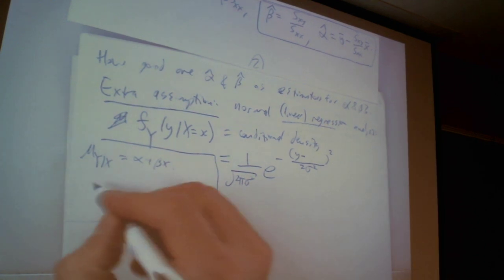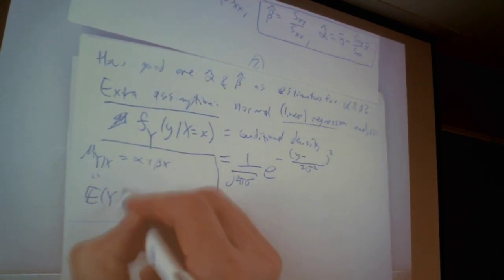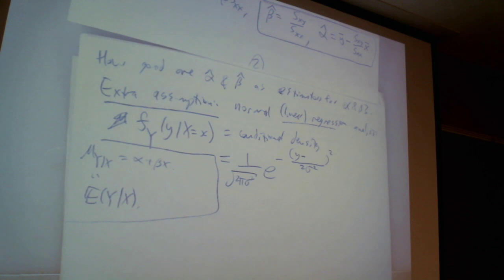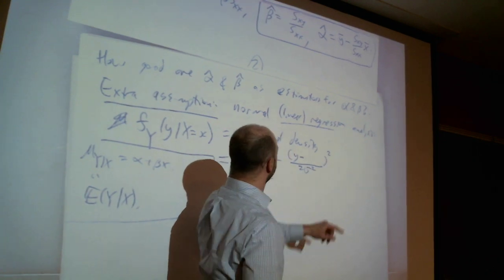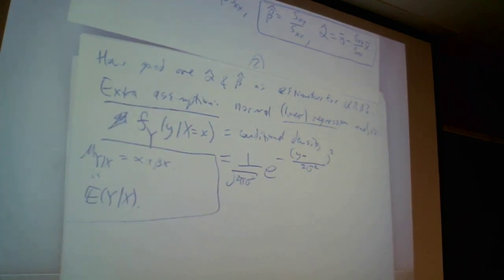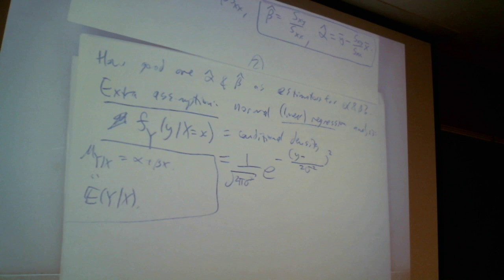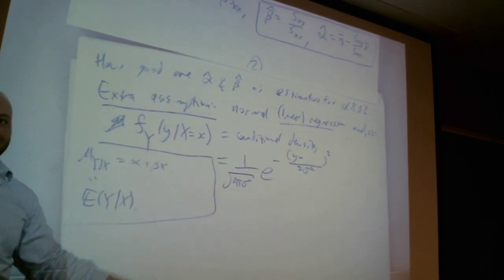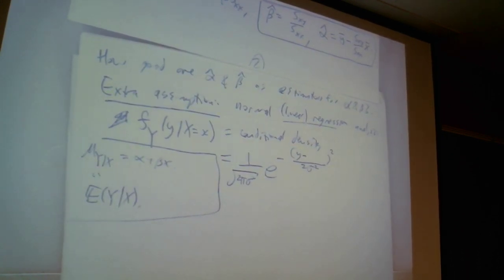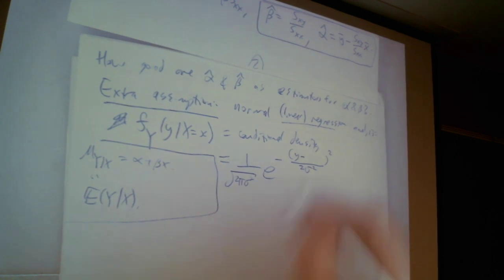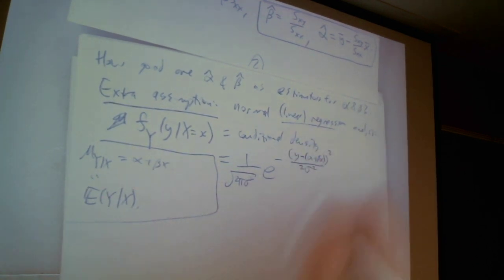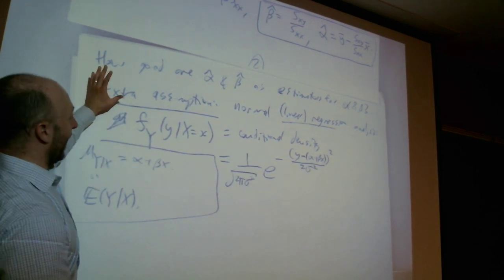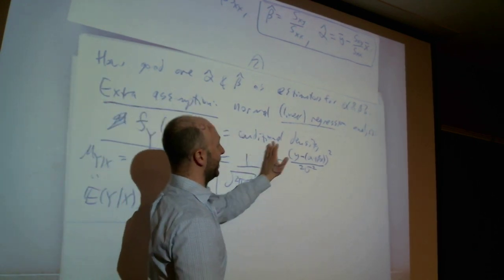This is the expected value of y if we know what x is. So what's the mean value of y if we know what x is? Nikki? Exactly. It's alpha plus beta x, right? Alpha plus beta x. Does everyone see how the extra assumption of normality is this shape?